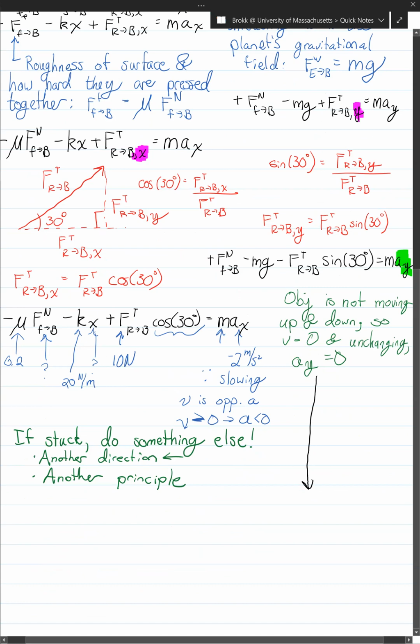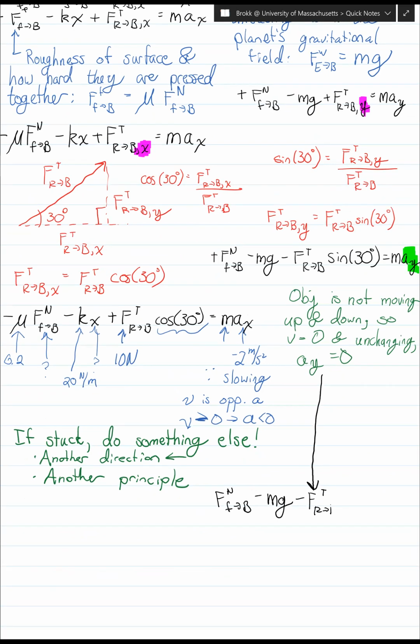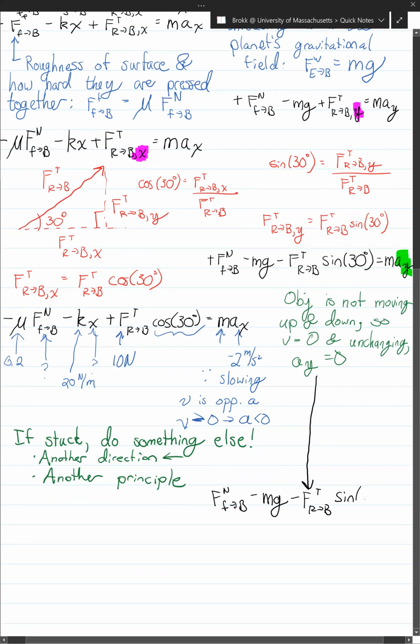Just going to slide down to give myself some more room. Force normal minus mg minus F_T sine 30 equals 0. Awesome.